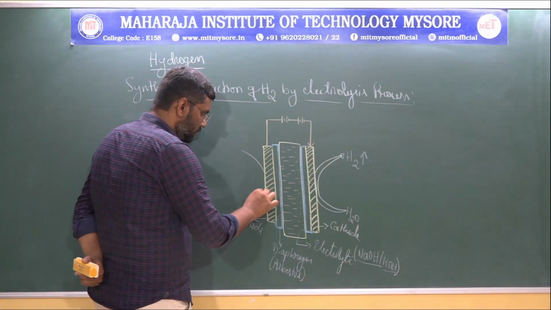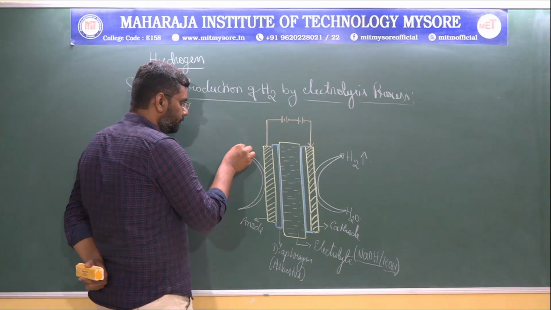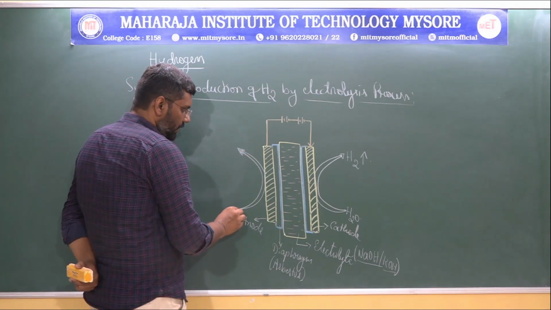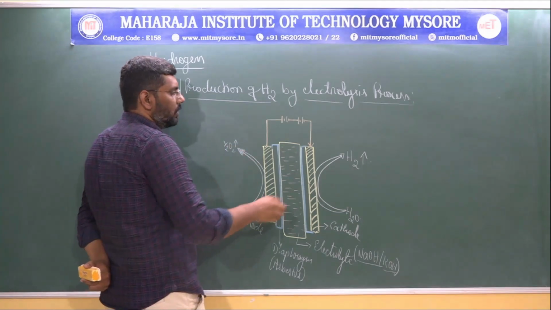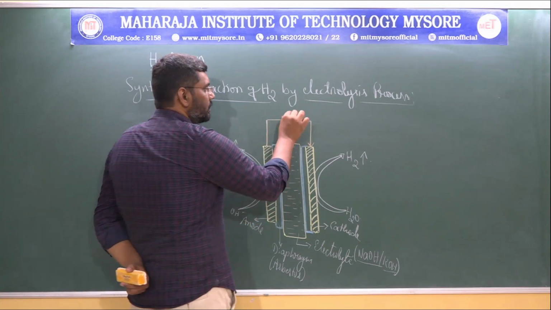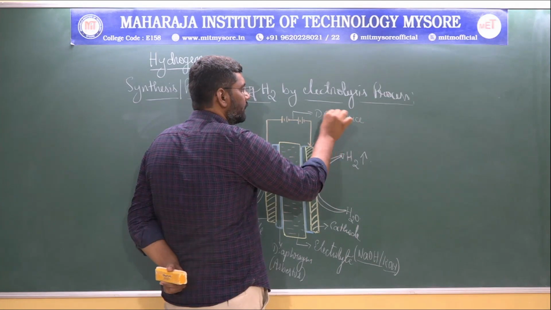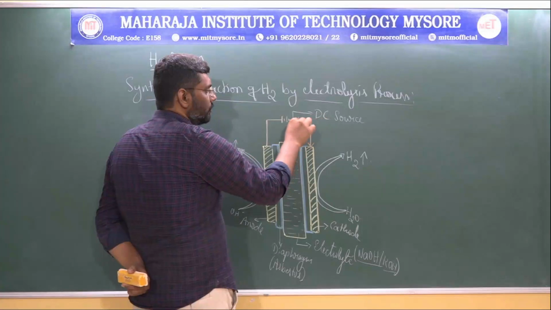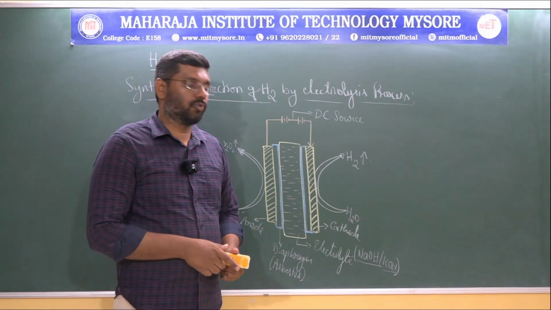And at the anodic site, the OH minus ions will be consumed, and it leads to the release of oxygen. This is a DC source, which is used to pass electricity through the cathodic site. Electricity is always passed through the cathode, so it leads to electrolysis of water.